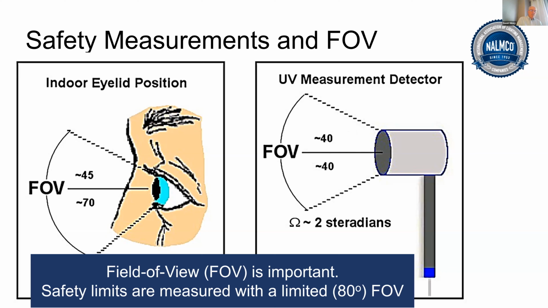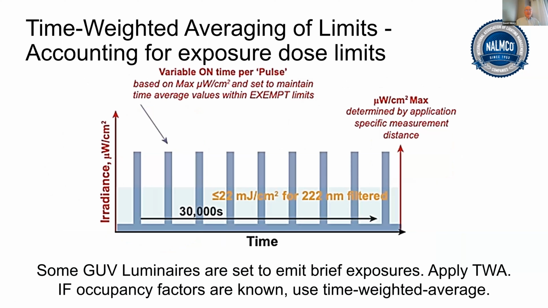And also when UV strikes the skin or the eye at a grazing angle, at an angle outside of that 80-degree field of view, more is reflected and more is absorbed superficially. So that's the basis for that field of view hood on a safety meter.